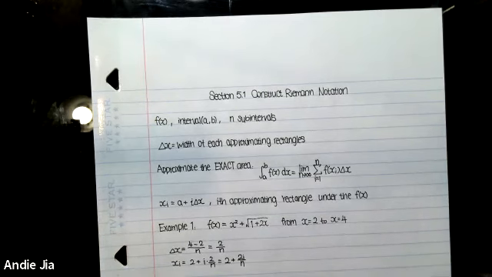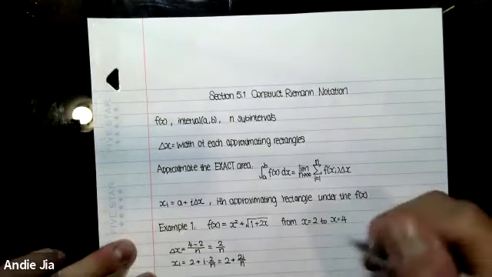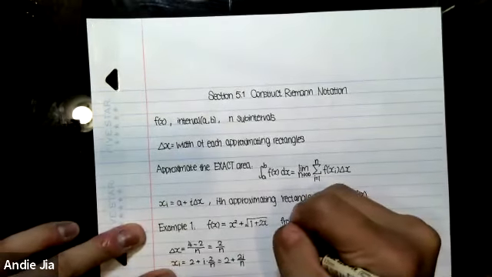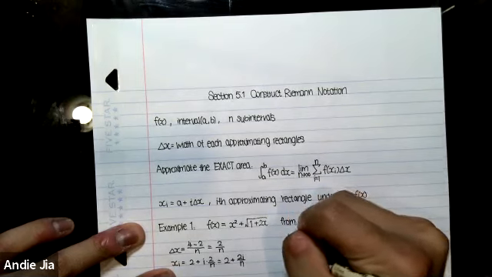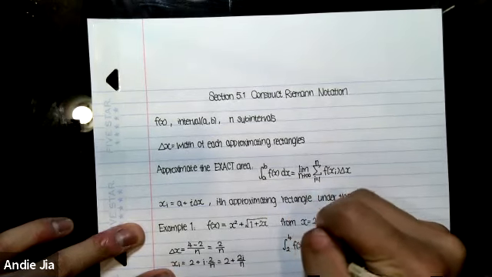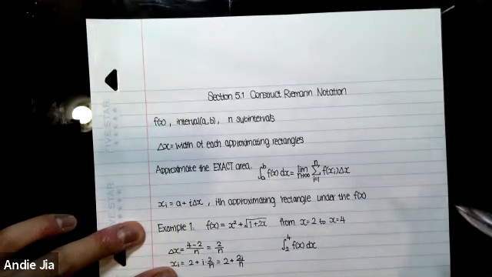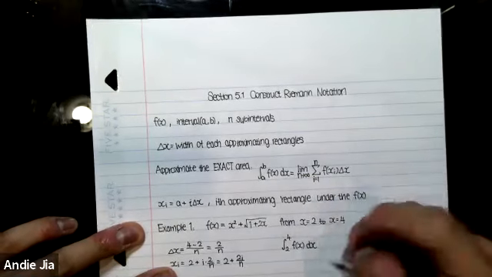So what we have here is the exact area, the integral from 2 to 4 of f of x dx. We write it as a Riemann limit.